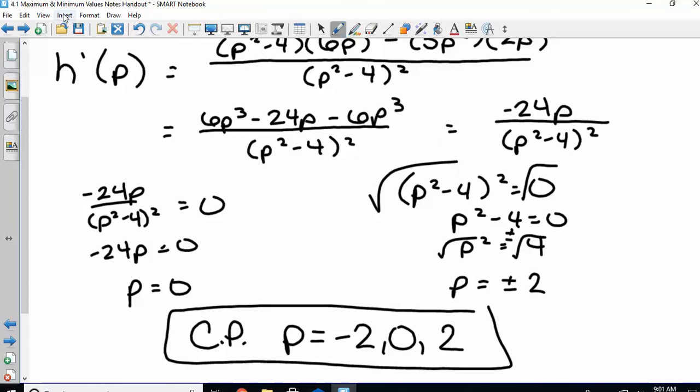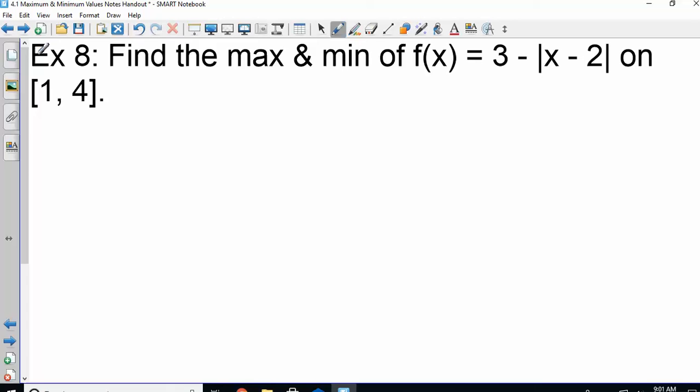An absolute value. Okay. Before we do the derivative, anytime we had absolute values, we rewrote them with their piecewise definition. So let's do that. Our breaking point is going to be what makes the inside 0. So what would make x minus 2 0? 2.